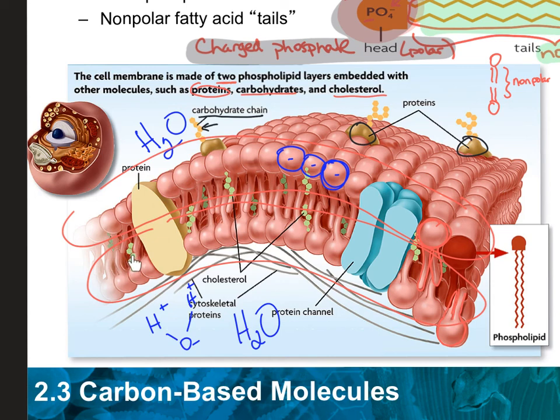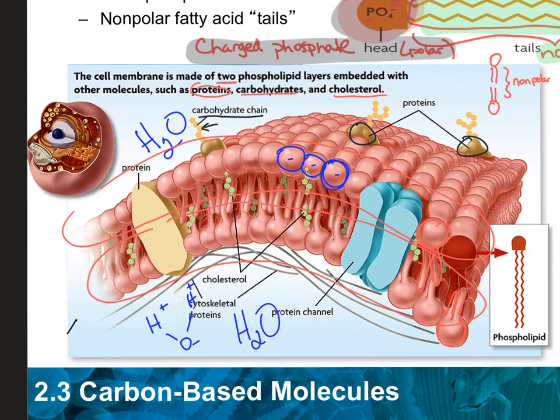And cholesterol is unique because it has 4 fused rings. So you can see here, 1, 2, 3, 4. 1, 2, 3, 4. 1, 2, 3, 4. These are all cholesterol. And so the difference between knowing it's cholesterol and a carbohydrate is the fact that the rings are fused.